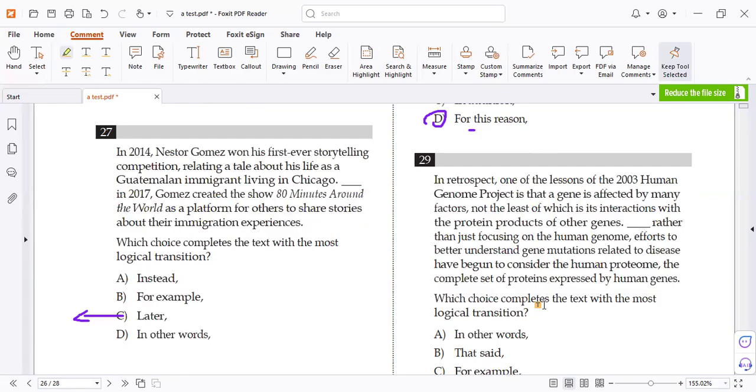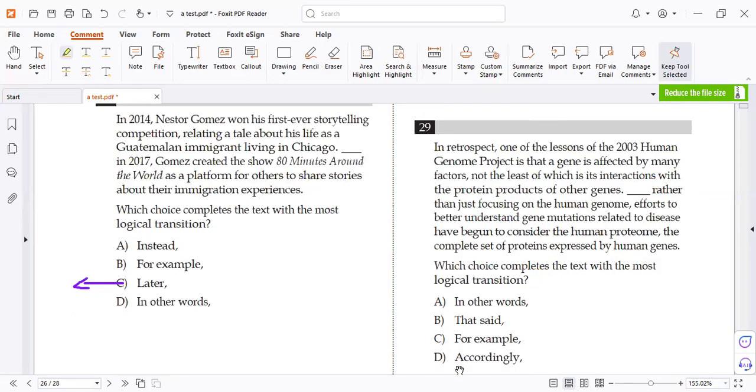29. I chose B. No, read again. Okay, then. I don't know.